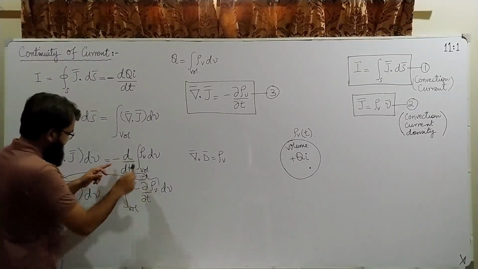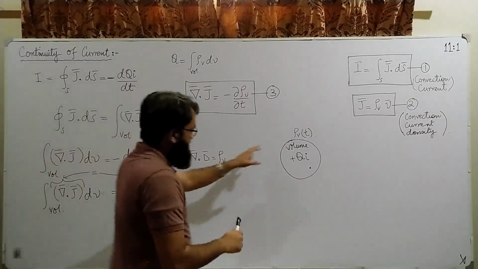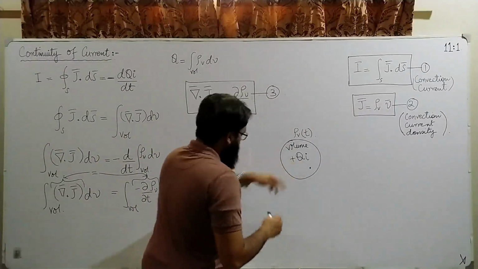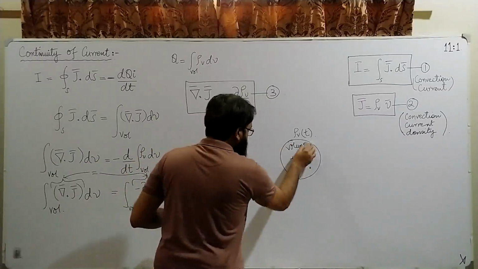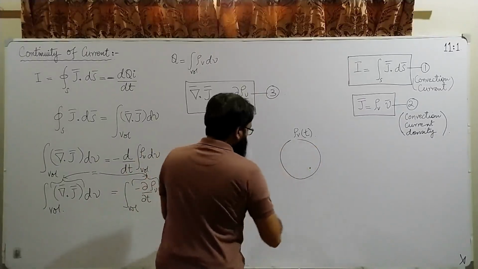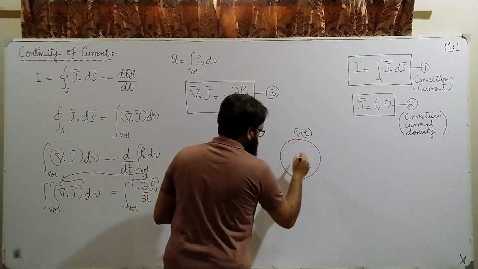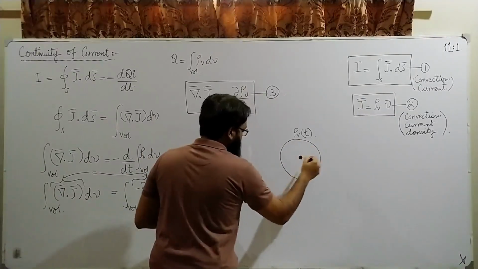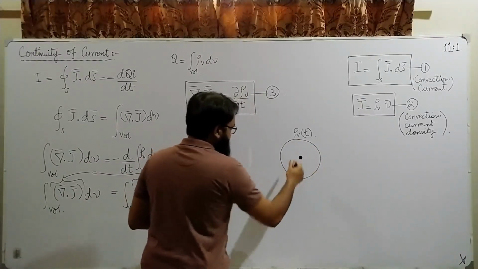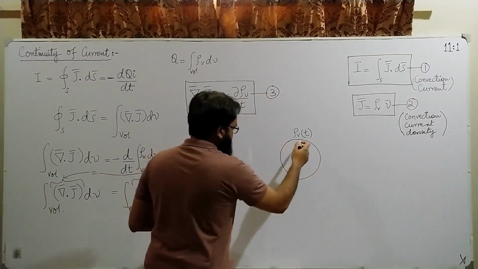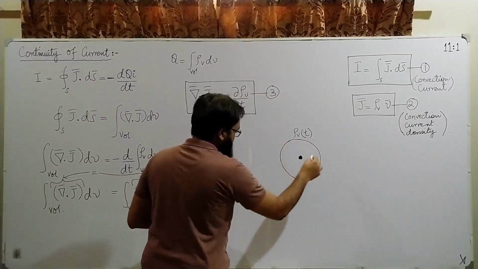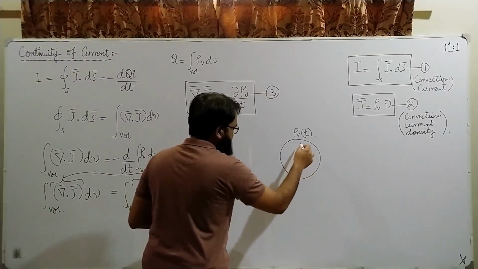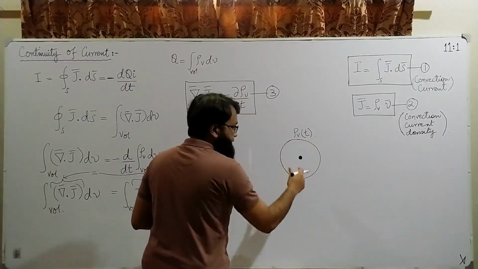Because if you could see here, the instant when we introduced or injected charges within this volume, let's say this is the point where we introduced some charges, the volume charge density would be a function of not only time but also space.